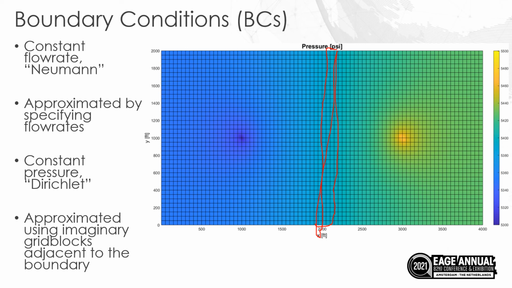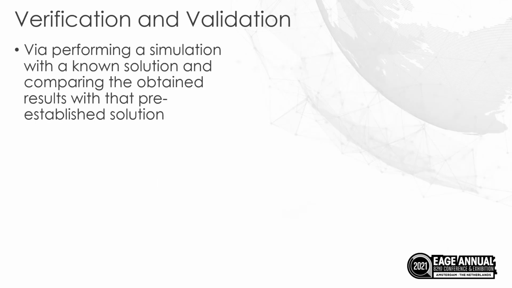It's an inefficient way of doing it. However, with modern simulation methods, we can achieve that in a more efficient way by varying some of the parameters. Sorry, not by using imaginary grid blocks, by varying the value of some of those matrices and vectors in the equation.